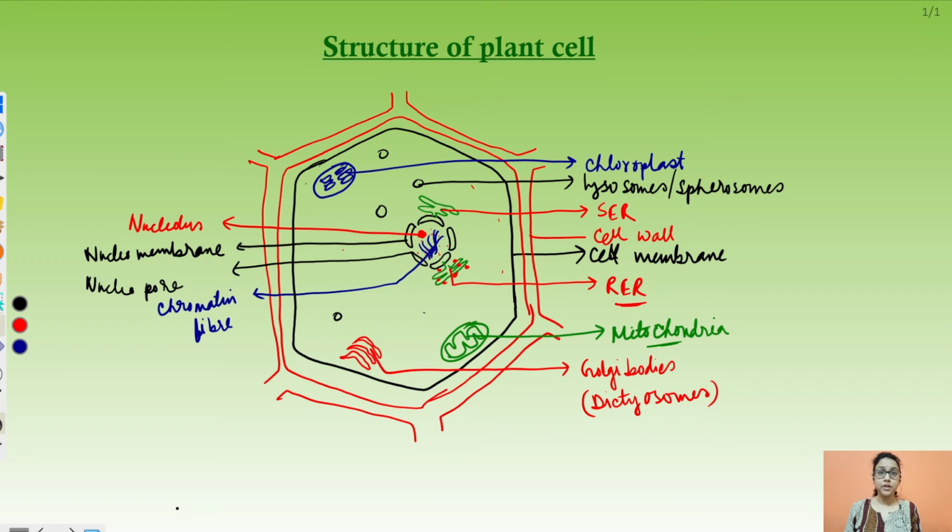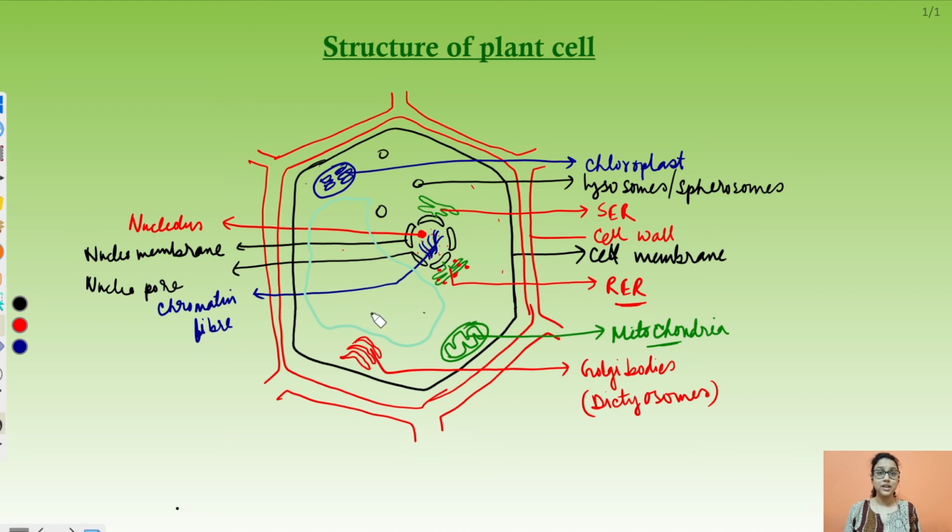In the cytoplasm of this plant cell, there will be the presence of a large vacuole. The wall of this vacuole is made up of a thin membrane, which is known as tonoplast.